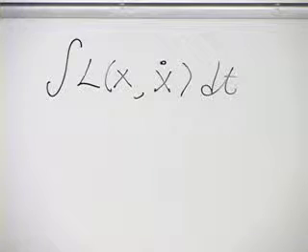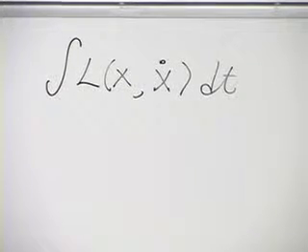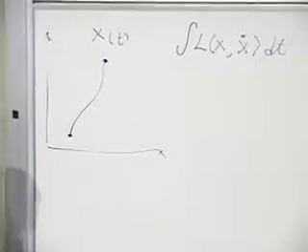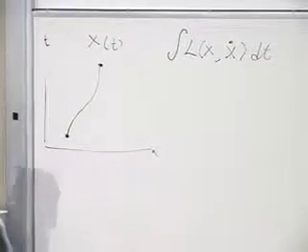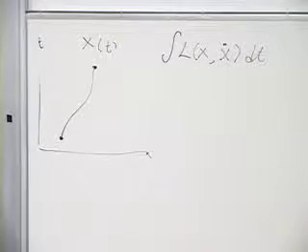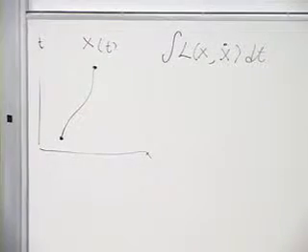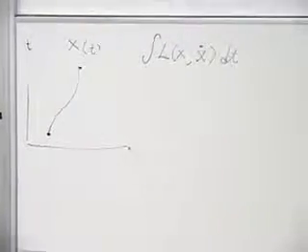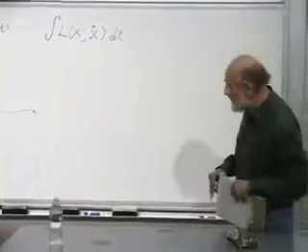And just to remind you, we hold the endpoints fixed and require that this quantity is minimized. Minimized with respect to what? Whenever you say something's minimized, you imagine that you can explore some space of possibilities, and then minimizing means find the possibility which gives you the minimum value of the action in this case.